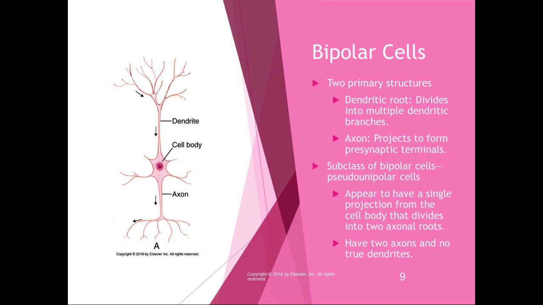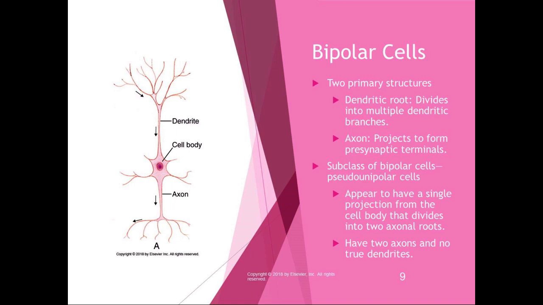There's a subclass of bipolar cells called a pseudo-unipolar cell, and they appear to have a single projection from the cell body that divides into two axonal roots. So they have two axons and no true dendrites.